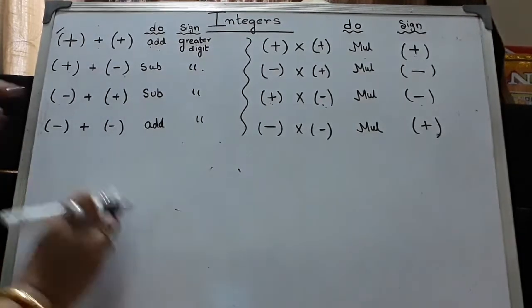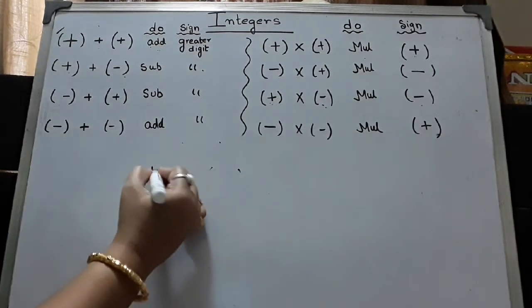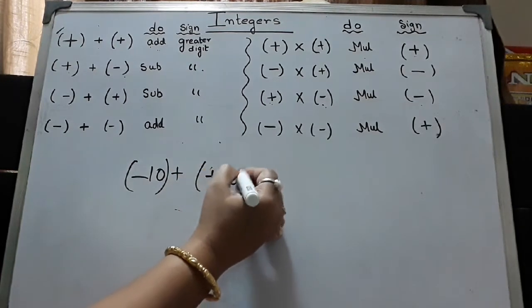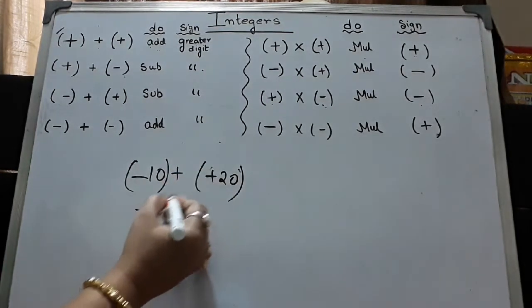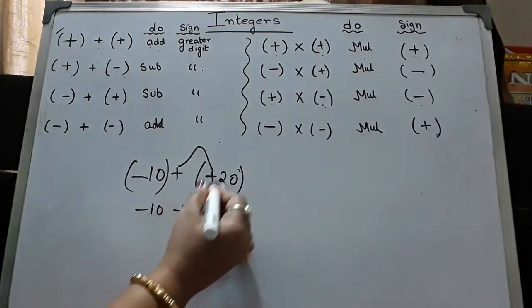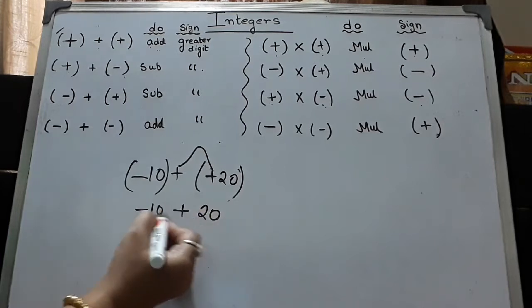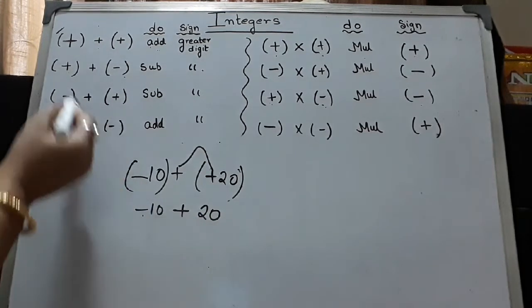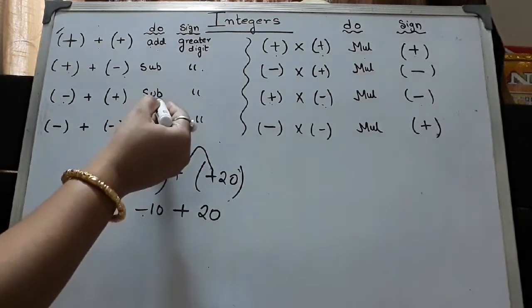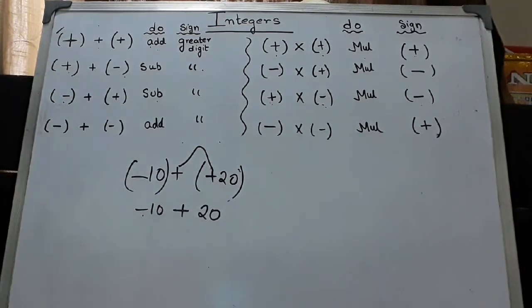Now, this one, minus 10, you find the sum with plus 20. Same way, minus 10, plus into plus, you have to put the plus sign only, 20. So, now, minus plus, where it is minus plus? Minus plus. So, what you will do with minus plus? You have to do subtraction. This is also an addition sum.